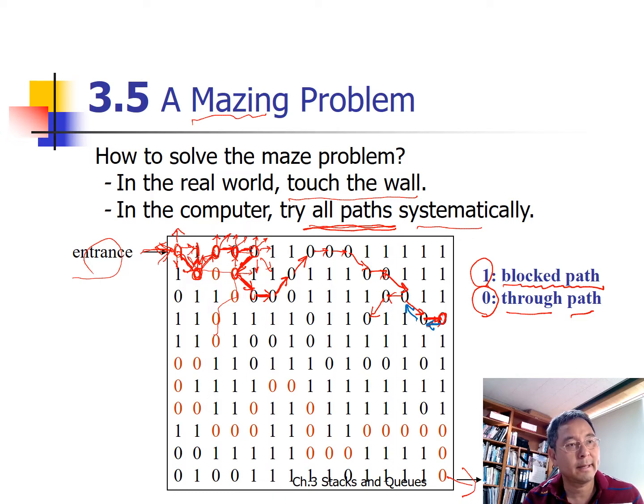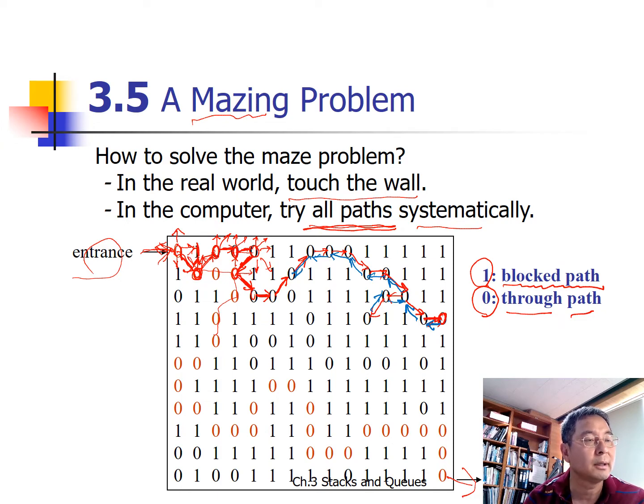So we will go back from here to this one, and also at this point we cannot go back. So this one, no. This one, no. This one, no. This is all the way backtracking to the first possible point.